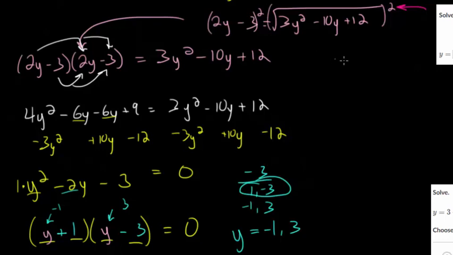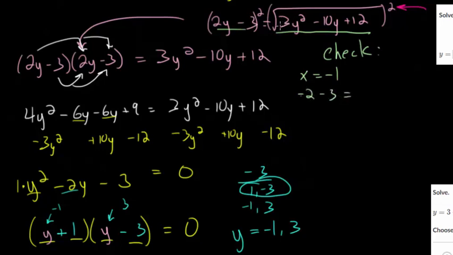So from here, let's check our answers, and we can first check negative 1. And basically, we're going to be looking at the equation before we squared each side, so the 2y minus 3 is equal to the square root of this. So let's plug in negative 1. 2 times negative 1 would be negative 2 minus 3.